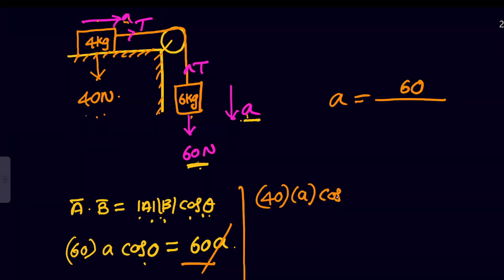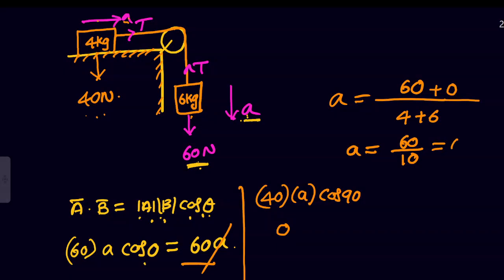Cos 90, and cos 90 value is 0. The whole value is 0. That's why we have this as 0 divided by the total mass. The mass will be 4 plus 6. So A value is 60 by 10, which is equal to 6. Understood what I'm saying?